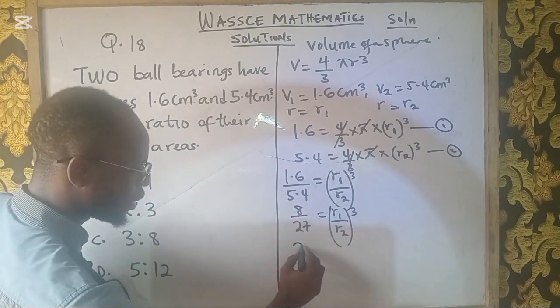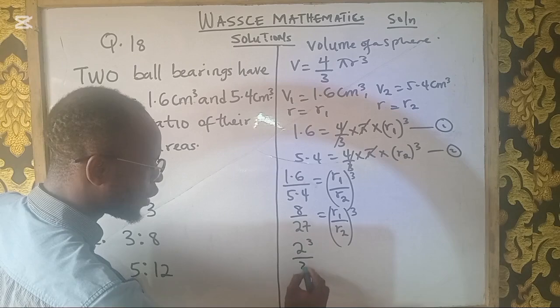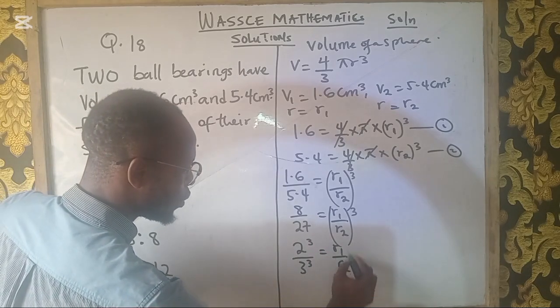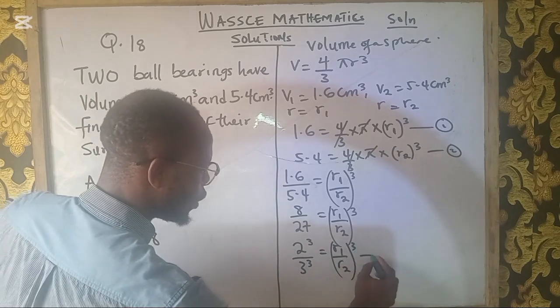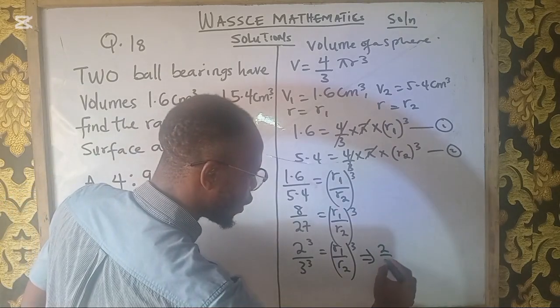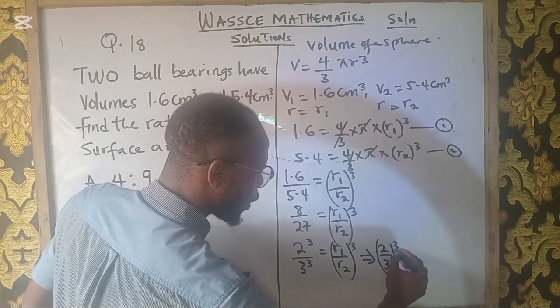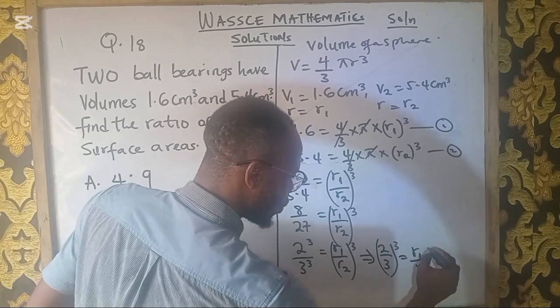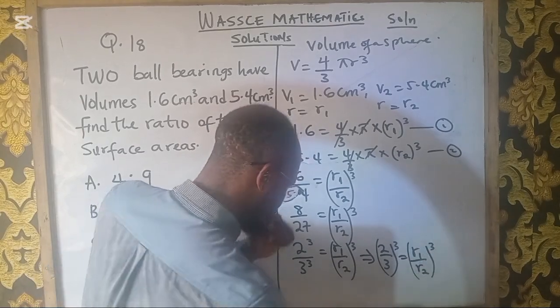8 is the same thing as 2 raised to the power 3, over 3 raised to the power 3, equals R1 over R2 all raised to the power of 3. So this implies that they're having the same exponent here. You take them, 2 over 3 all raised to the power of 3 equals R1 divided by R2, then raised to the power of 3.